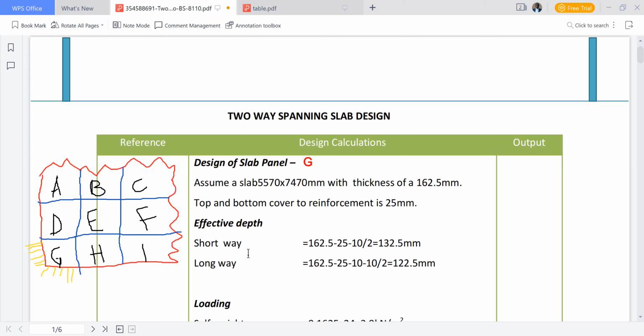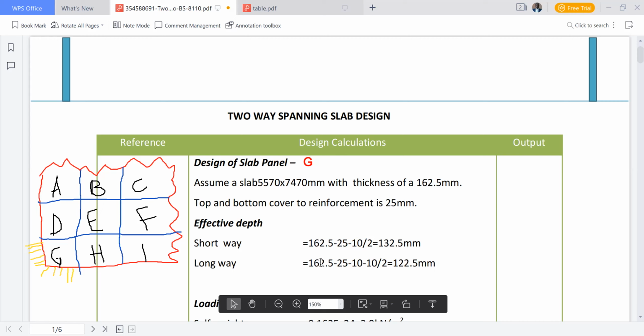Now for short span, effective depth will be equivalent to total thickness 162.5, subtract the cover, which is 25 millimeter, subtract, now we shall use 10 millimeter diameter bar, subtract 10 divided by 2, you get 132.5.